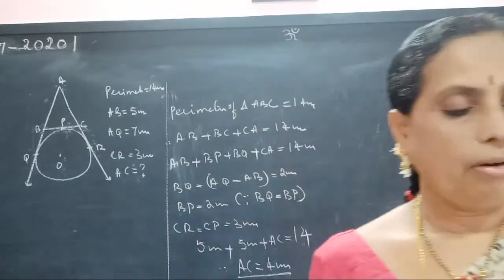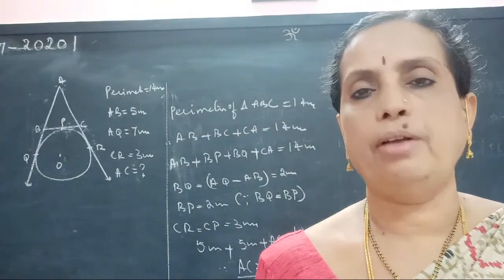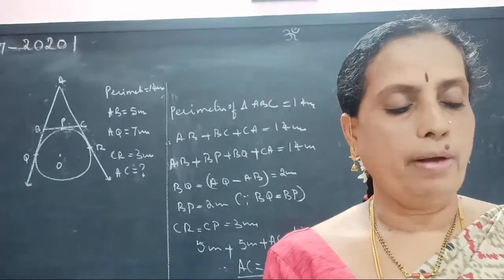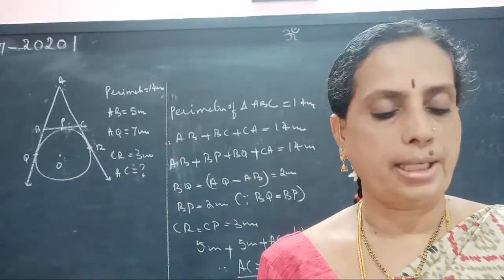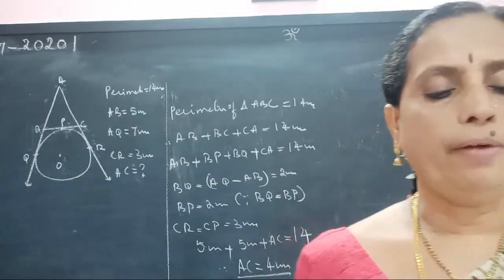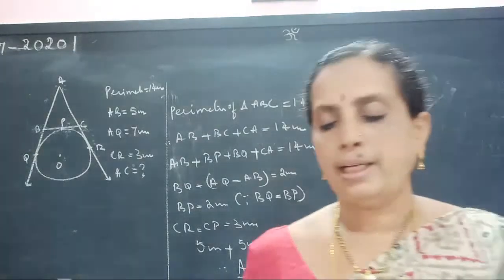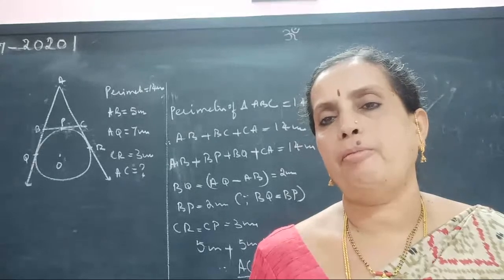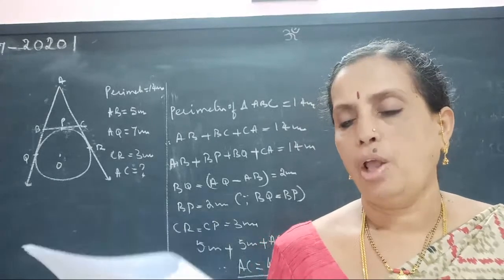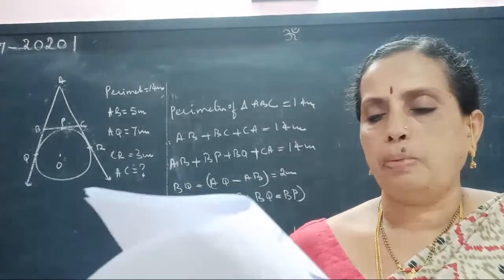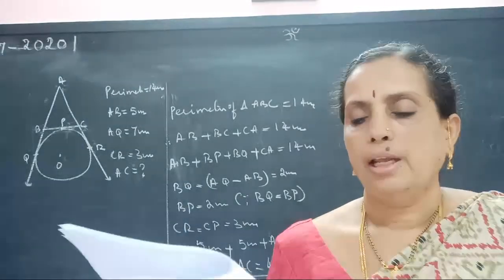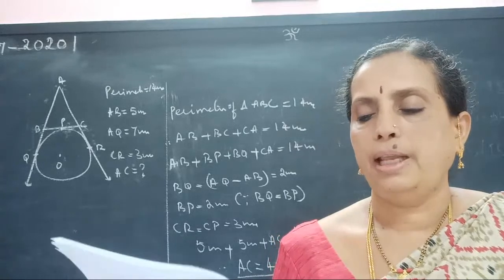Okay. Now listen, question number 12, yesterday only I did. Okay. Question number 4 also we have done in yesterday's class. Question number 14, like sum of the opposite sides of a quadrilateral circumscribed by a circle is equal. So 6 plus 9, 15 equals 8 plus AD.